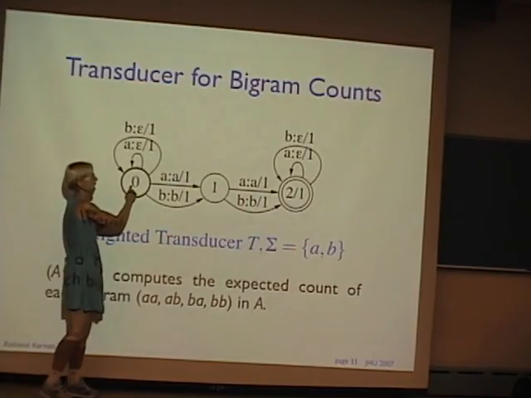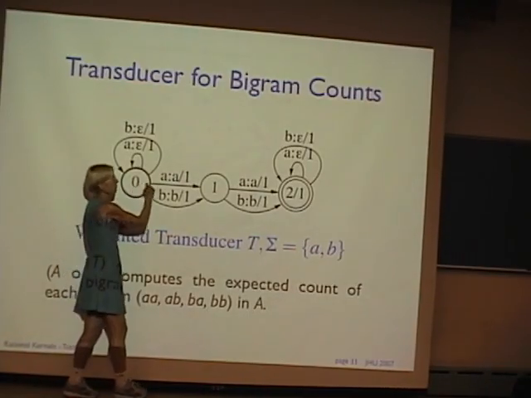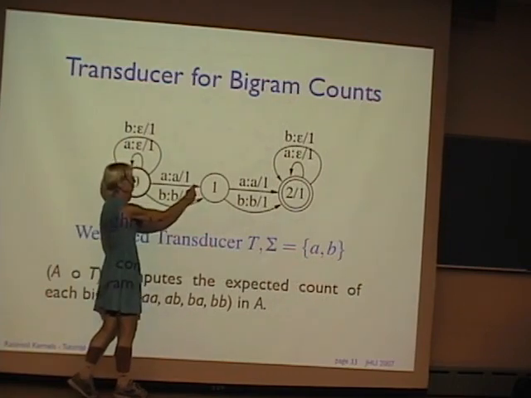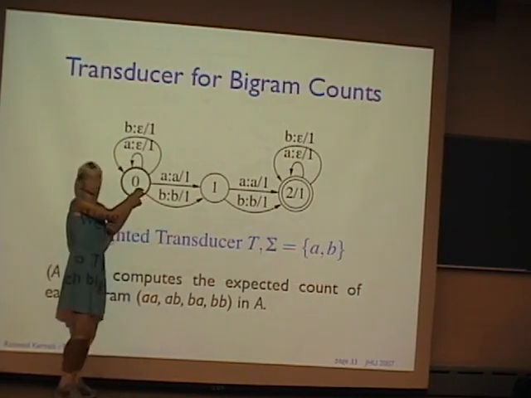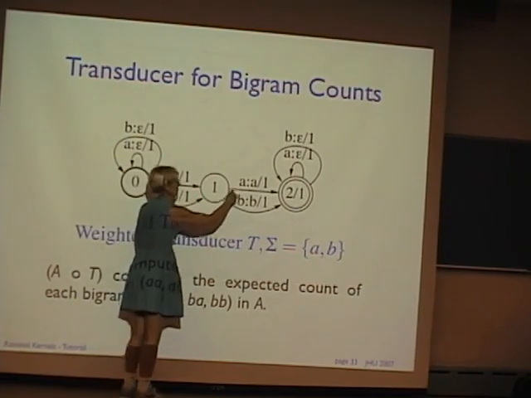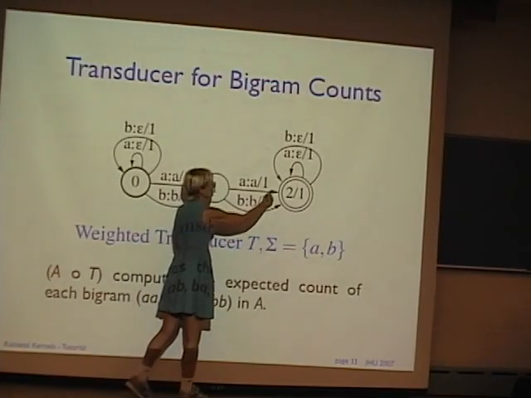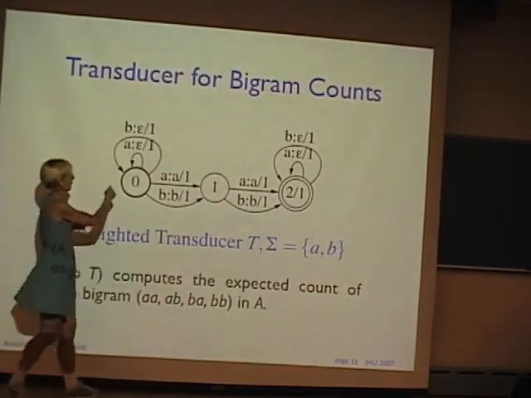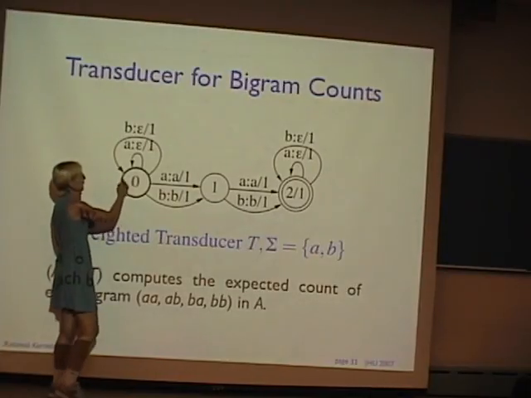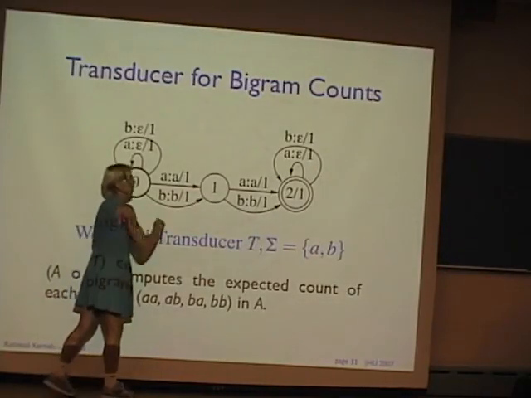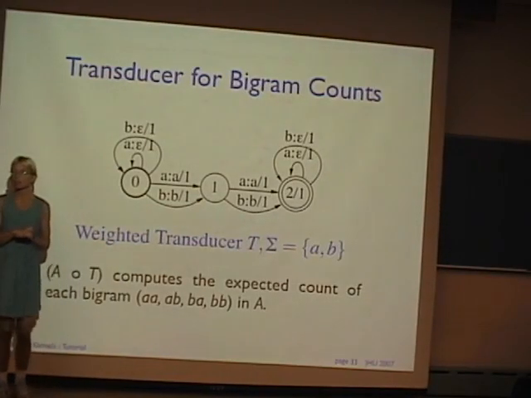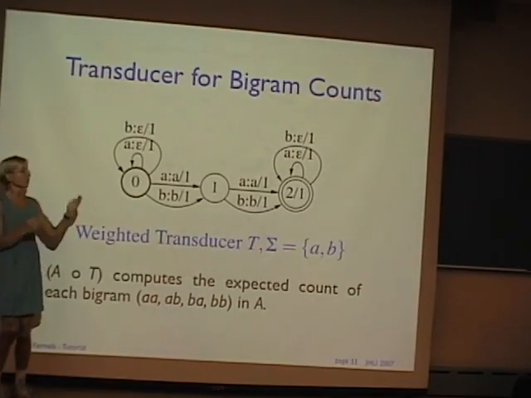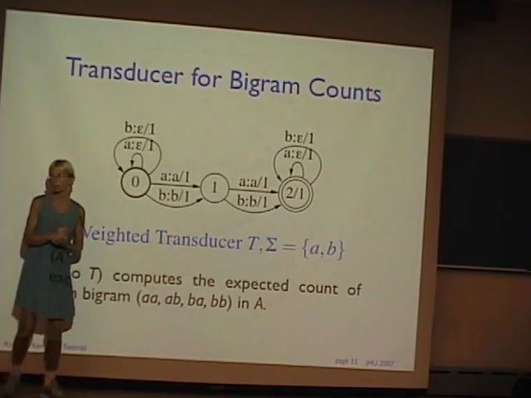Now if we see an A and B, we may also decide on taking this transition, outputting an A, take this transition for an A, outputting an A, and then skip the rest of the string. So because we can, for every time we see an A, either stay here or take this transition, we will be able to count how many occurrences of AA, AB, BB, and BA we have.